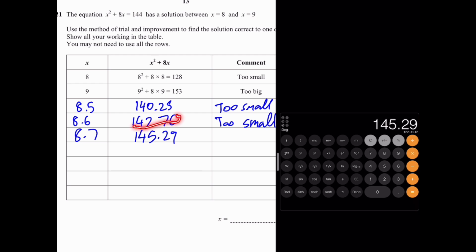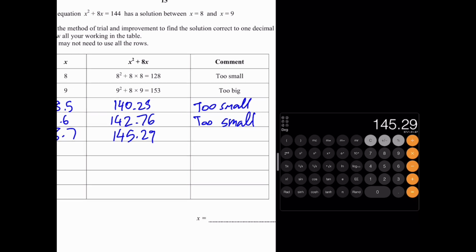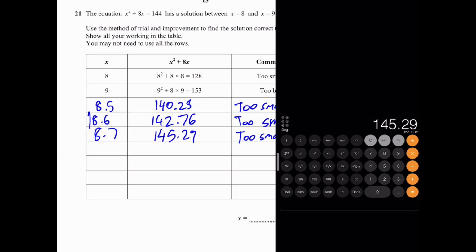Evidently, it's 142.76 because the difference is 1.24 here, and over here the difference is 1.29. Not that much of a difference, but still it makes sense because we're talking about one decimal place. We need it precise. So the answer is 8.6, and we shall just write that down.